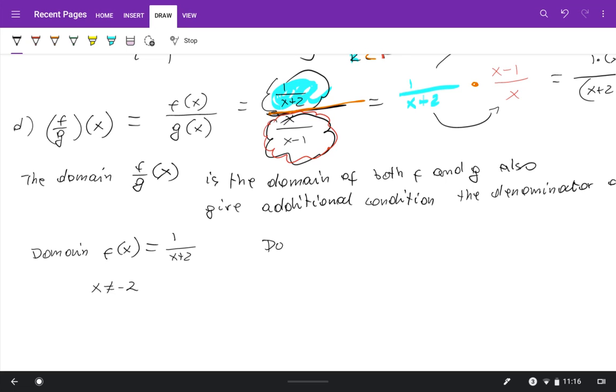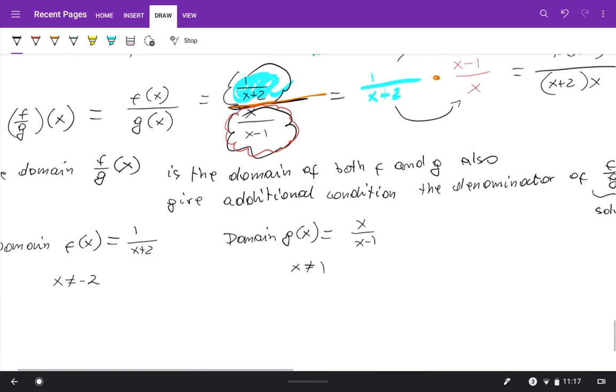We know the domain because we found it before. Of function g of x, which is x over x minus 1, the domain is x cannot be equal to 1, because when x is equal to 1, we cannot solve this function, since in the denominator you have a 0.